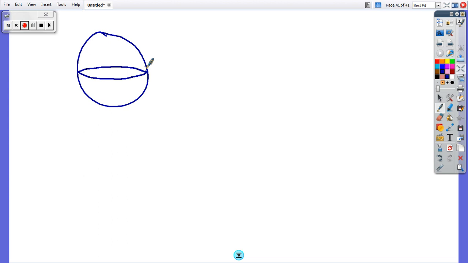It's a sphere. If I called the center of Earth point O, and I drew a radius out to my Earth, and called that A, and this B. 1 nautical mile is the distance between A and B. It's actually 1 minute. We call it 1 minute.